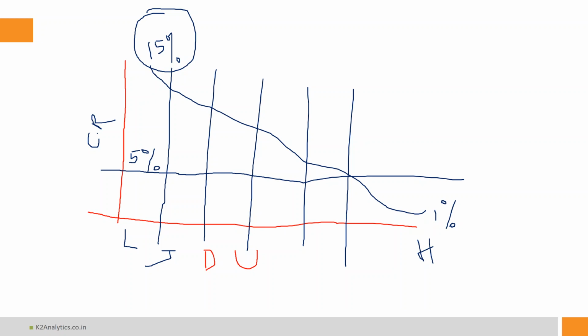If I can build this as a single variable model, can I now expand this concept to a multiple variable model? And when I expand this to a multivariable model, the point remains the same.